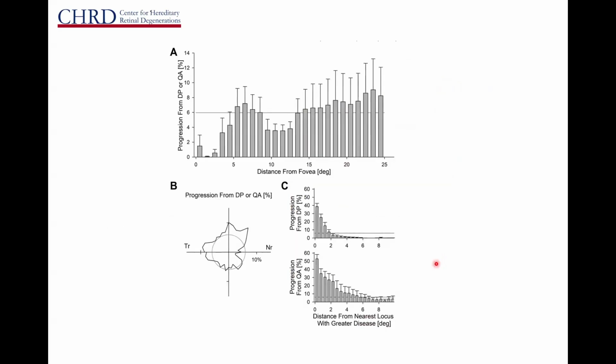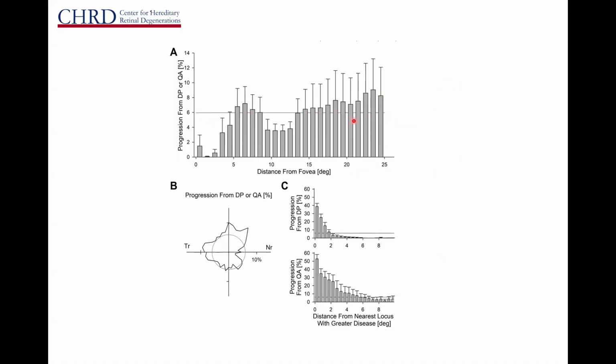This is the last graph I will show, which is probably key. What we are looking at is our measures of progression. And at the top is progression of any sort against distance from the fovea. And the gray line is the average progression, which is 6%. 6% of the pixels in which we have data are progressing over 2 years. And that's the average.